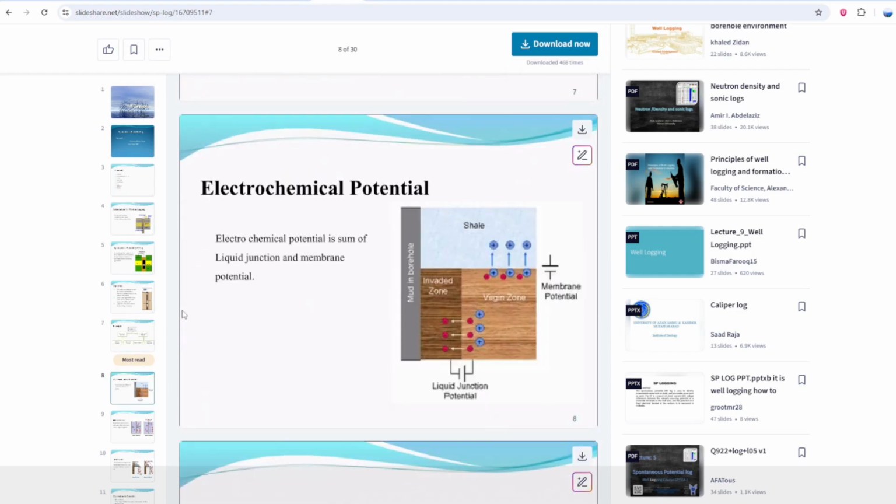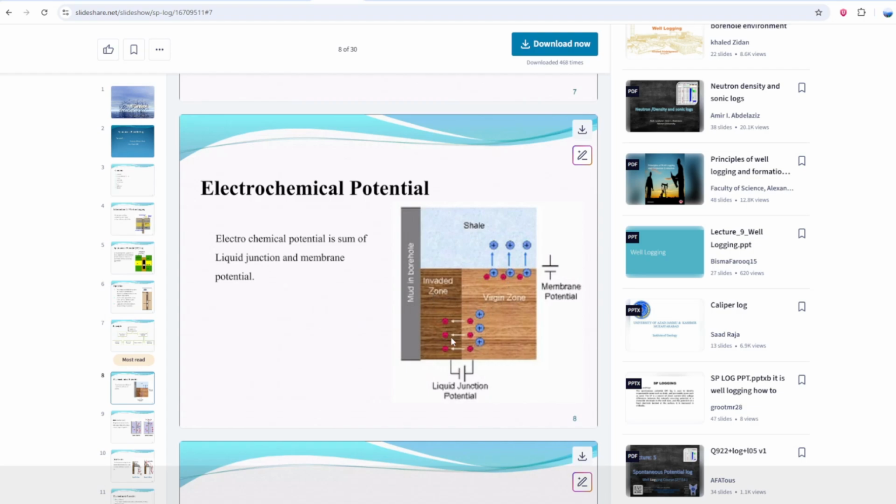So, for example, here we see that the electrochemical potential is the sum of the liquid junction and membrane potential. We have the mud in the borehole that we already said should be conductive, and then we have our shale and, let's say, porous media or sandstone. There are two potentials being created here.